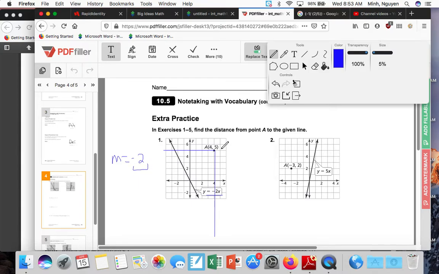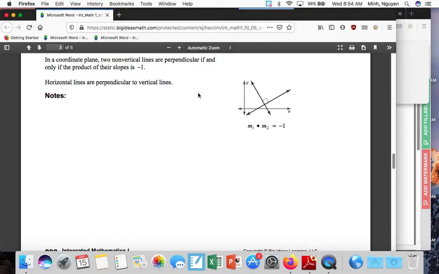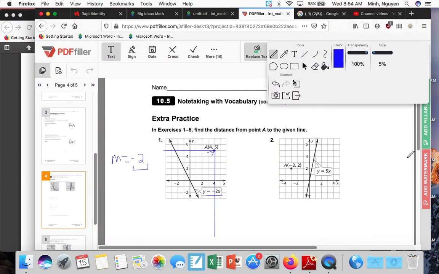This one is shorter than those two, but we don't know for sure. If I'm just spitballing, it'll probably look like this, but I don't know without calculating. So I have to use the perpendicular slope. -2 times the perpendicular slope is -1.